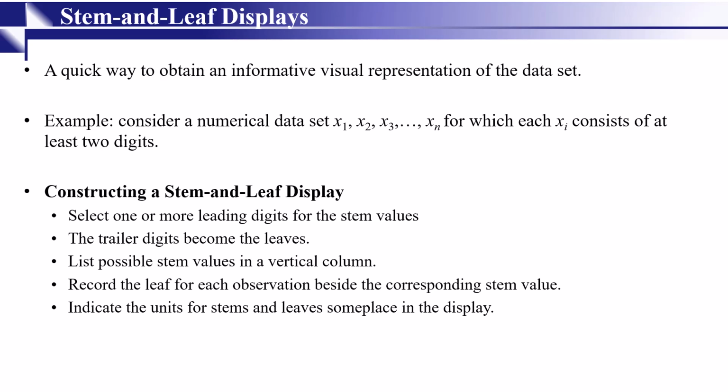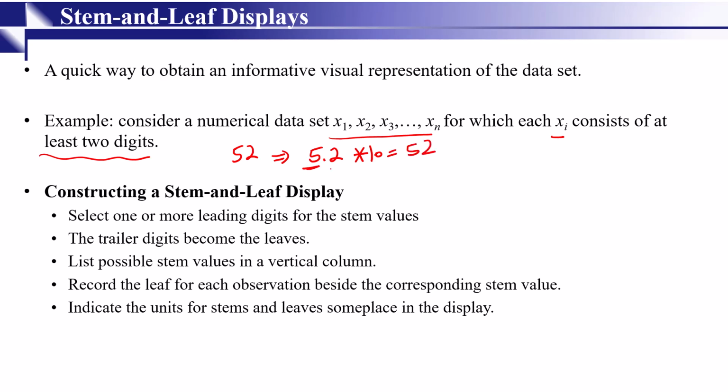We can see the distribution, and also the behavior of our data, for example, outliers. Suppose we have a numerical data set where each xi consists of at least 2 digits, for example, 52. Then we say it is 5.2 multiplied by 10, which is equal to 52.